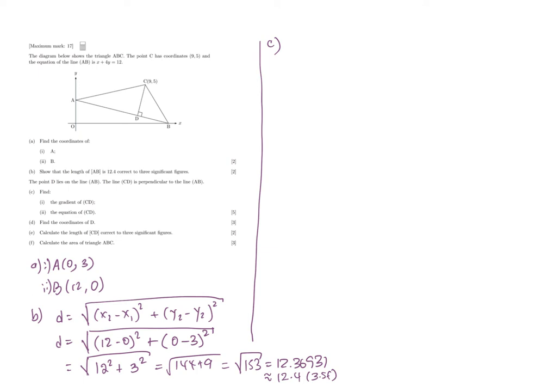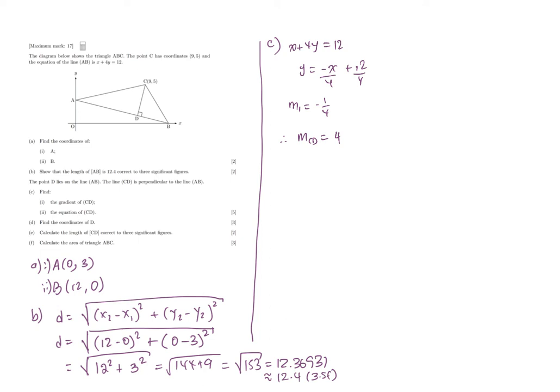The equation of that line is x + 4y = 12, meaning y is equal to minus x over 4 plus 12 divided by 4. The slope is minus 1/4. So the slope of CD has to be the negative reciprocal of that to be perpendicular. So the slope of CD is going to be 4, the negative reciprocal of -1/4.